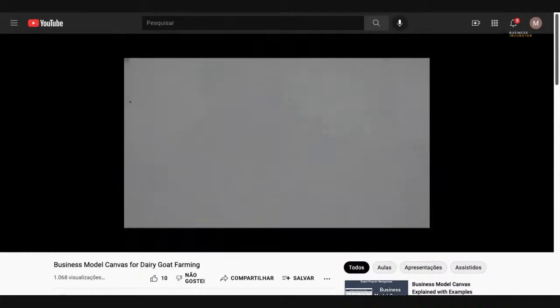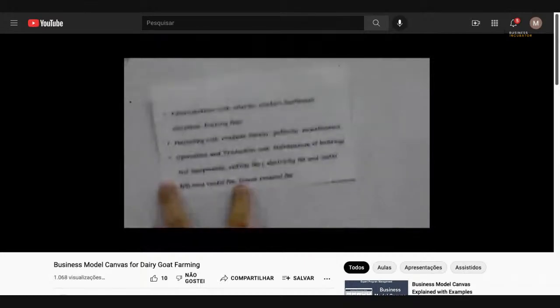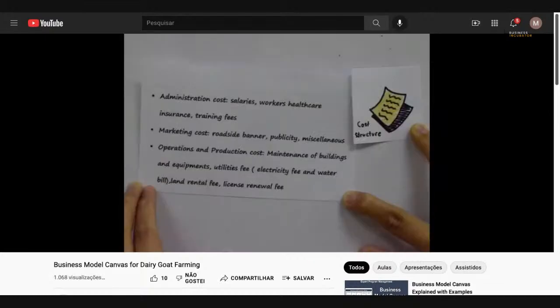Last but not least, cost structure to run this company would be involved with everything, which include the administration costs involving the salaries workers, healthcare insurance, as well as training fees. Besides that, marketing costs to promote and introduce our company to the public would involve the cost for roadside banner, publicity, and miscellaneous.